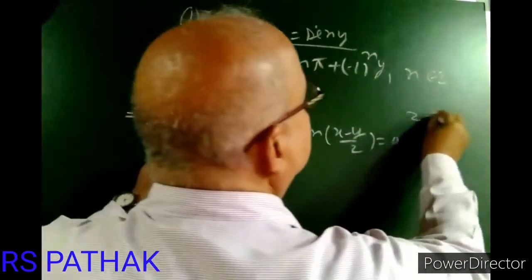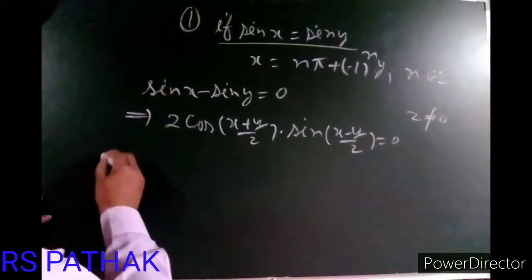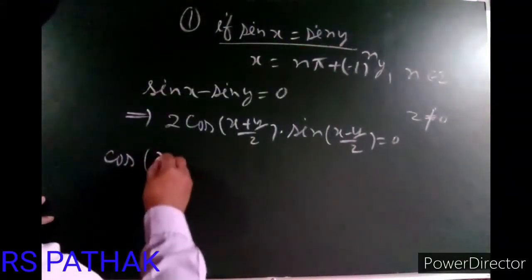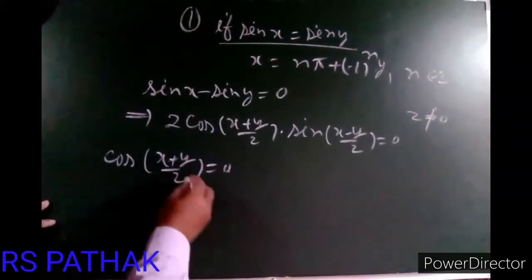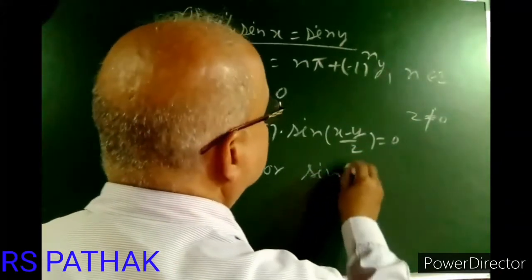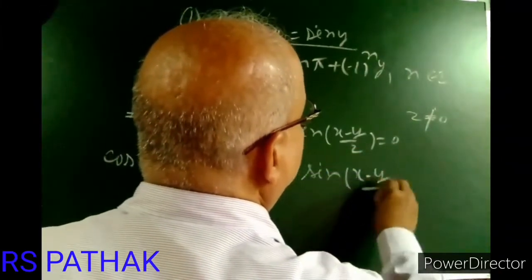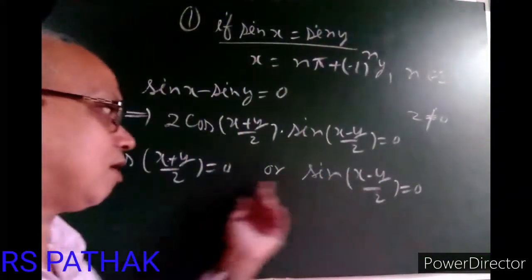Here 2 is not equal to 0, then cos of x plus y upon 2 will be equal to 0, or sin of x minus y upon 2 will be equal to 0. Either this will be 0 or this will be 0.